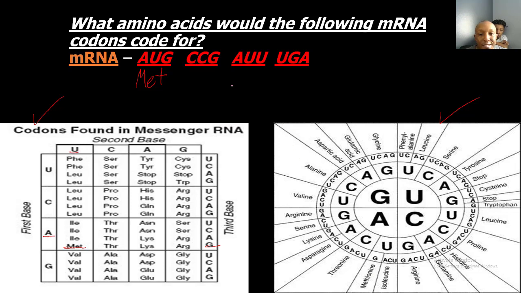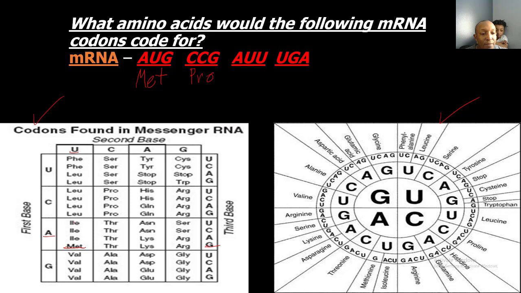So let's look at our second one, CCG. And let's use our codon wheel this time. So we start with C, work our way out, C, and then to G. And that codes for proline. If you notice on our codon chart, C, C, and then G, proline, the same thing. And then let's look at our third one, AUU. And let's look at our codon chart this time.